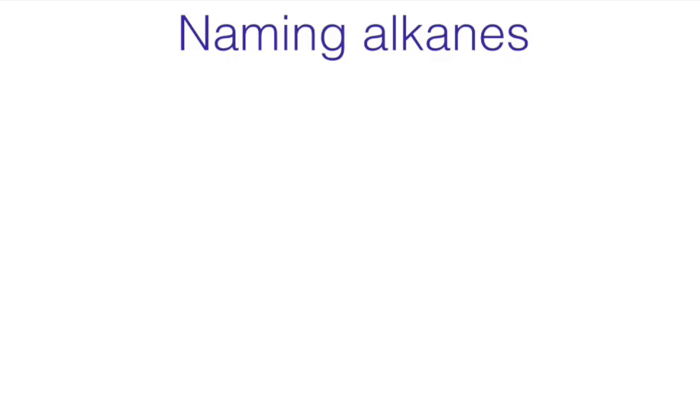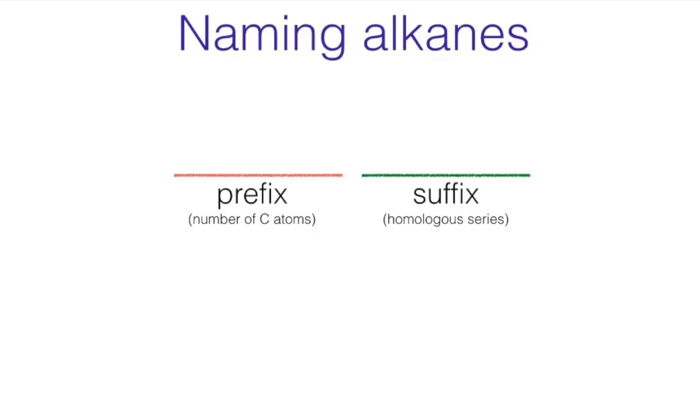Alright, let's consider how we go about naming the alkanes. Remember that any name of an organic compound at its simplest contains two parts: the prefix, which indicates the number of carbon atoms, and the suffix, which indicates the homologous series.